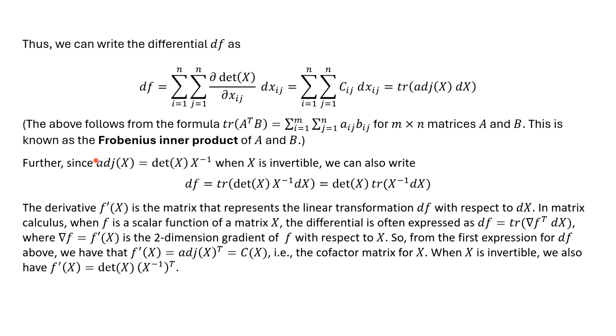For the problem at hand, the derivative of f of x is the matrix that represents a linear transformation df with respect to dx. In matrix calculus, when f is a scalar function of a matrix x, in other words, scalar output, matrix input, the differential is often represented in this form here: df equals the trace of the transpose of this gradient times dx, where nabla f is the derivative.